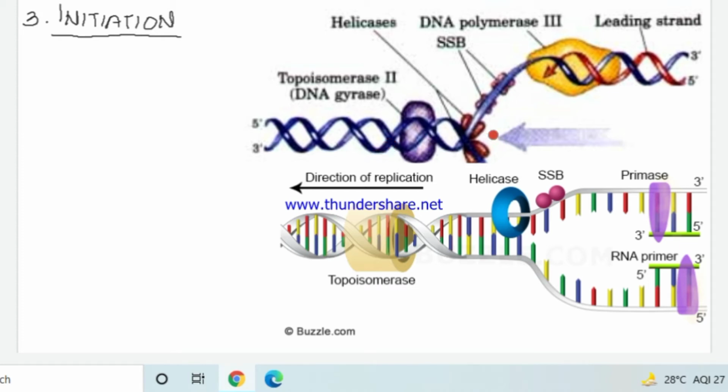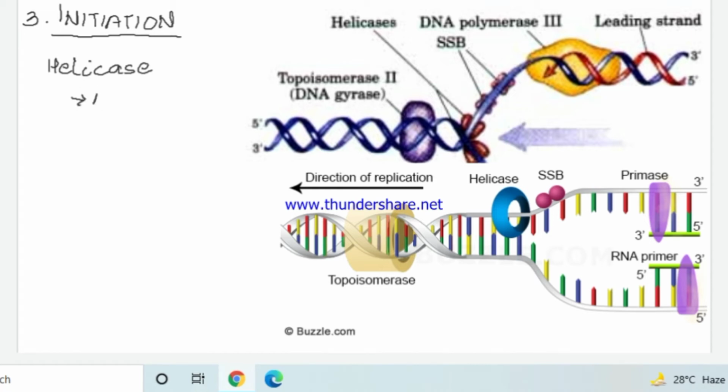The origin of replication is recognized by the origin recognition complex, and it attracts the enzyme helicase, which unwinds the DNA helix and unzips the 2 strands by breaking the hydrogen bonds.